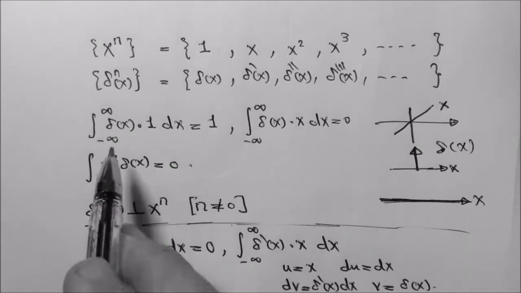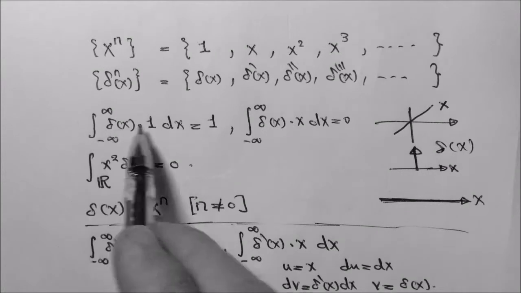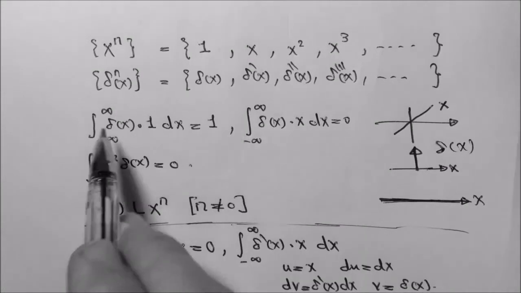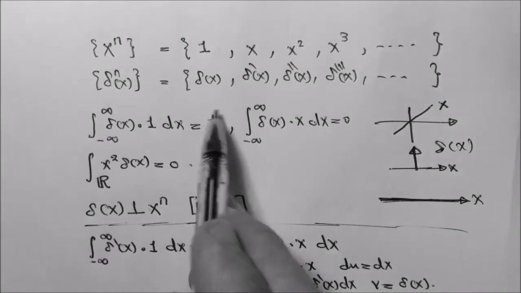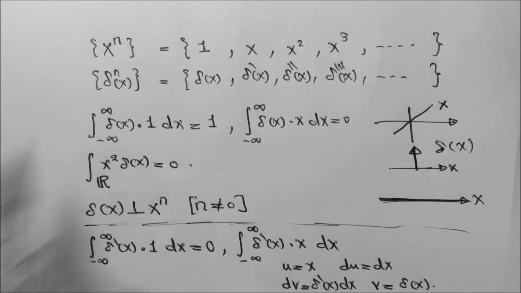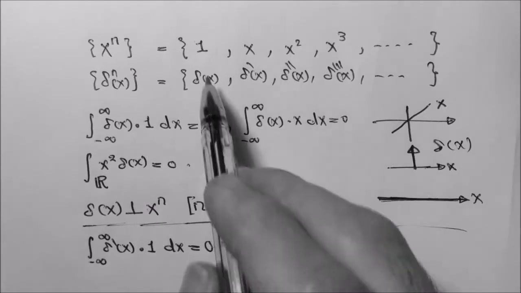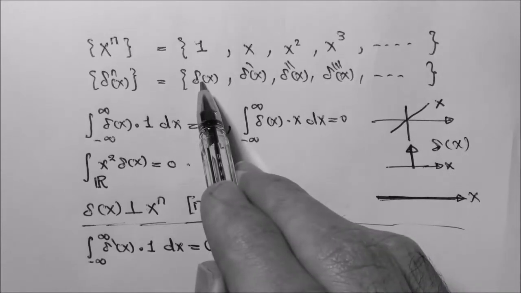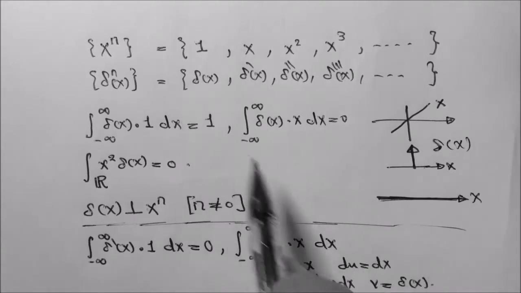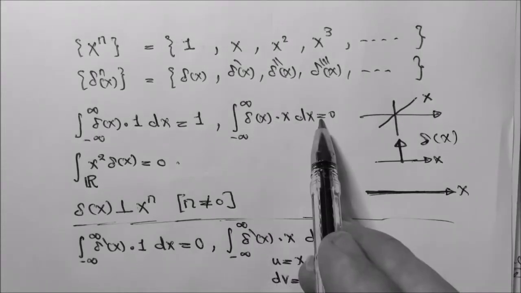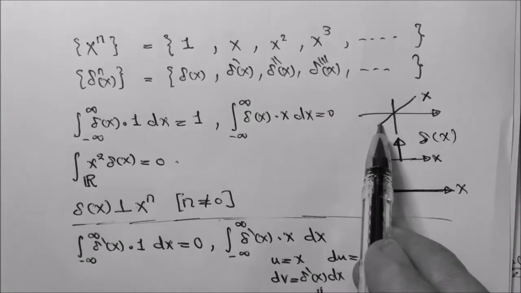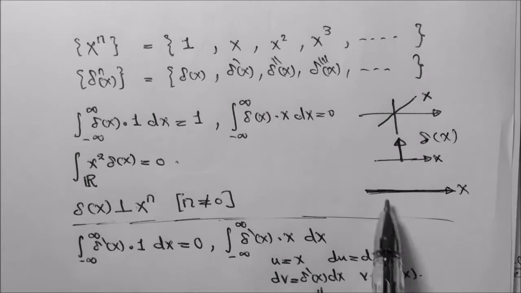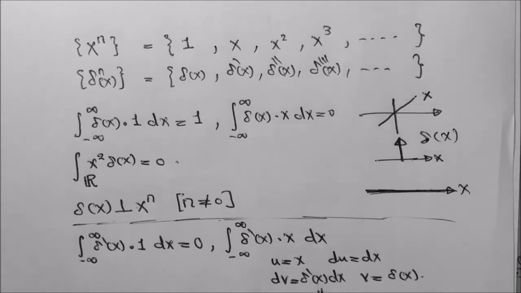So, the correlation between delta of x and 1 is obviously 1, which is the area under the impulse function. So, they are not orthogonal. Let's see the correlation between delta of x and x. The result is obviously 0, because if you multiply x with delta of x, you will get a 0 function.